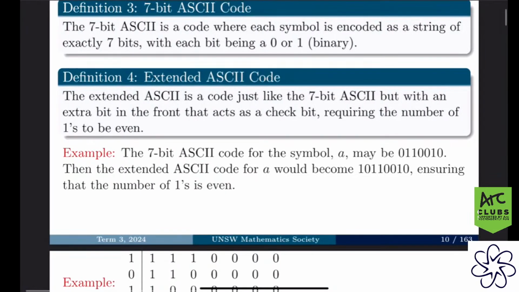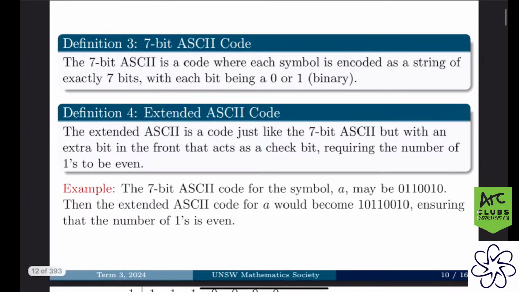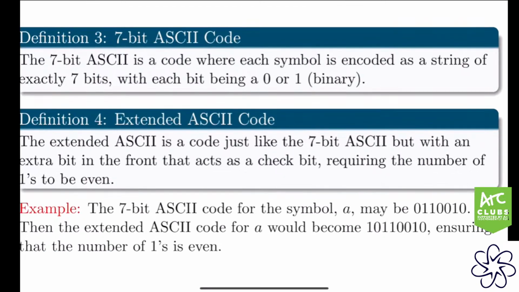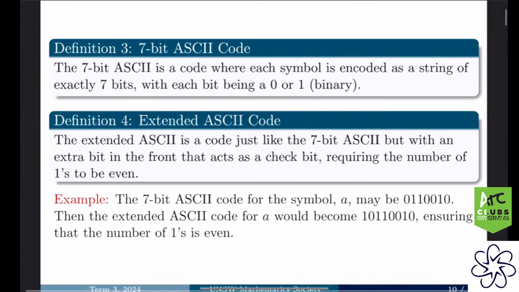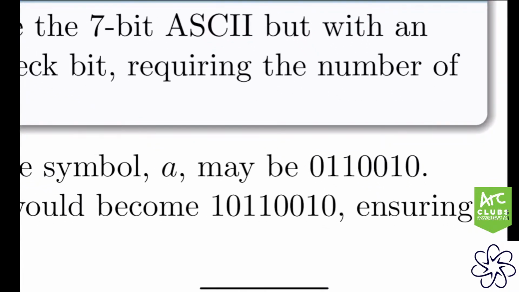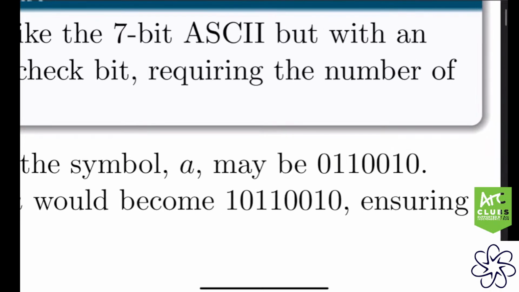The extended ASCII code, however, is an example of a code that has a feature of error detection. So what we do is we take a regular ASCII code word. For example, for A, we have 0110010, and we add a check bit at the very left.